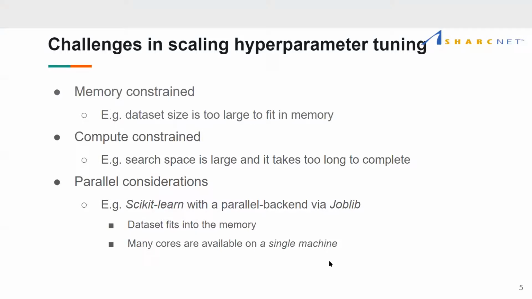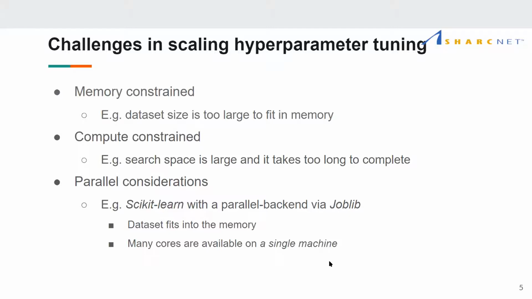This typically happens when many hyperparameters need to be tuned and the search space is large. So when considering a strategy to solve the problem, it really depends on what kind of workload and which problem you are facing.